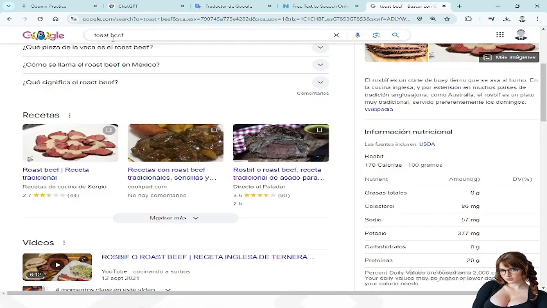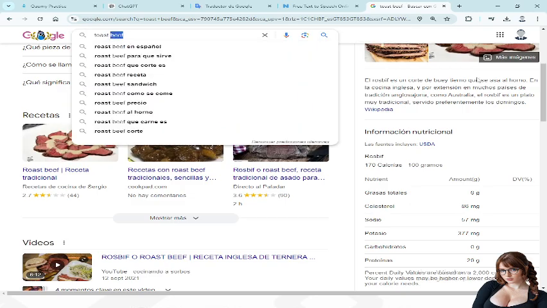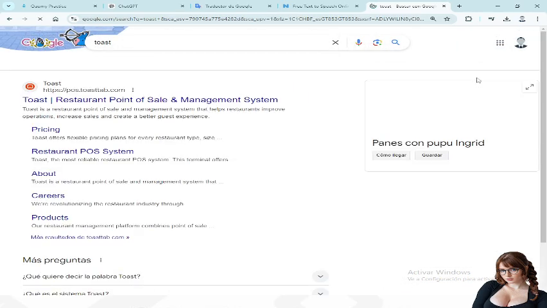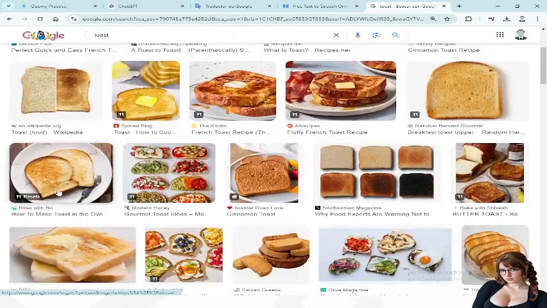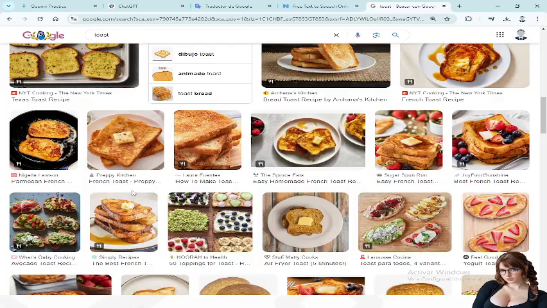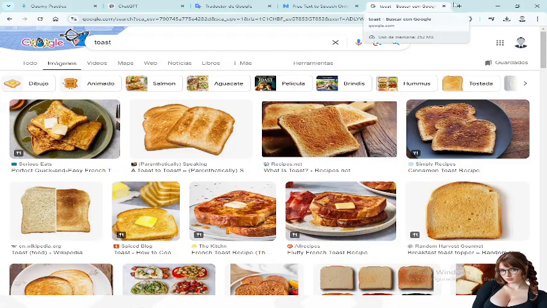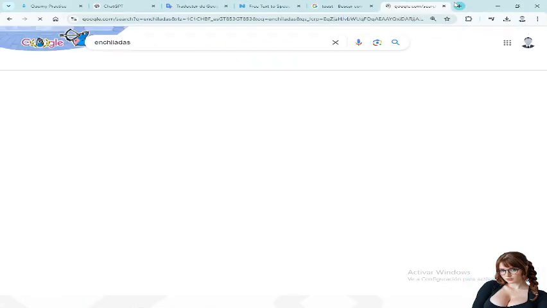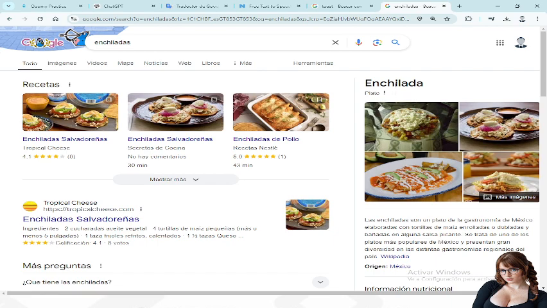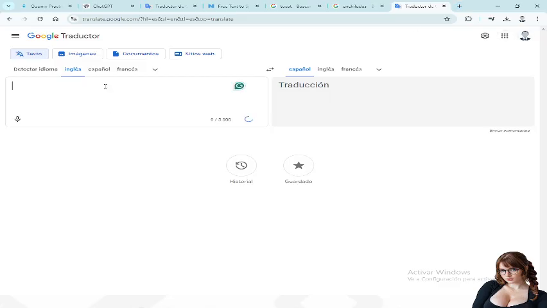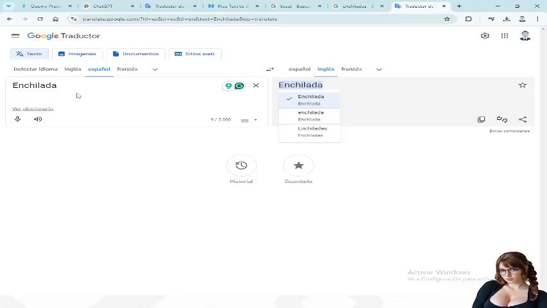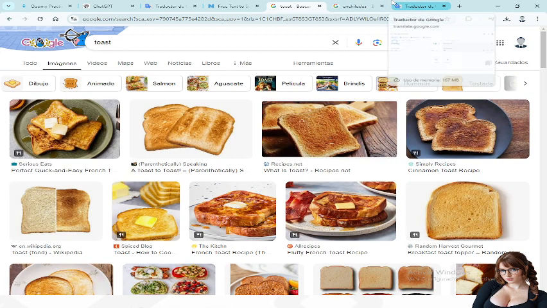In Latin America it's a little bit different. Toast is the verb, but the meaning is the same, and a synonym is a toast.